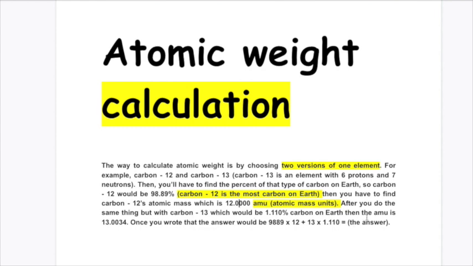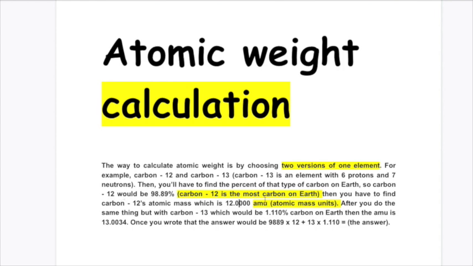And by the way, AMU is actually atomic mass units. So I just said AMU for short. So it's going to be 13.0034.